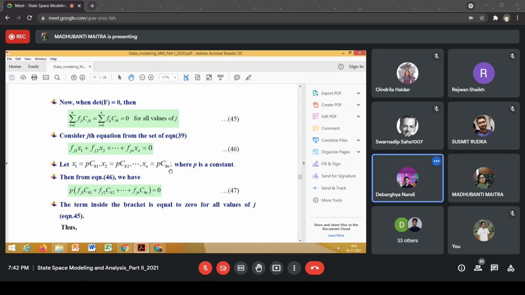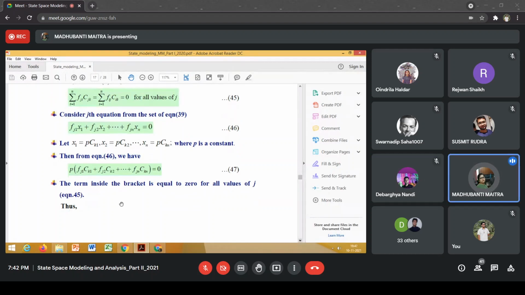If I choose x1 this way, then this condition is satisfied, and hence from this equation we can see that the left hand side is always equal to 0. So this equation is being satisfied for these values of x's.